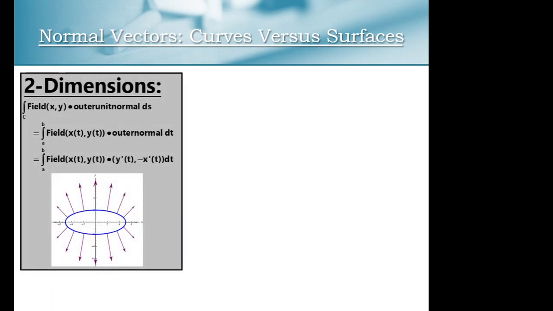All right, so when we were in the two-dimensional picture, things were nice and easy. We were just using the right-footed normal: y prime of t comma negative x prime of t, no big deal. When we are in three-dimensional space, we can't just memorize some clean little formula like that that's going to give us our outer normals.